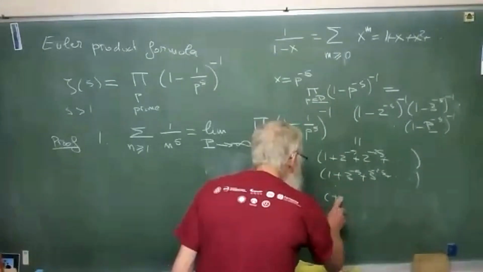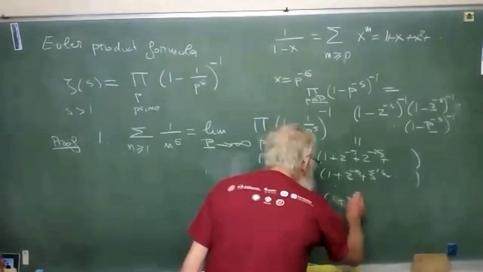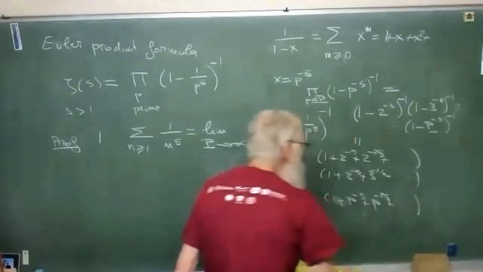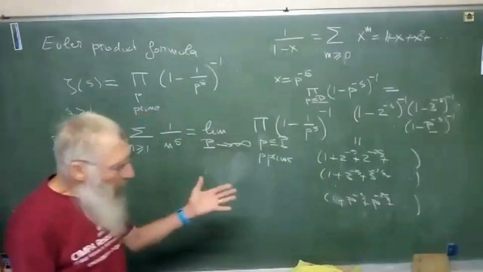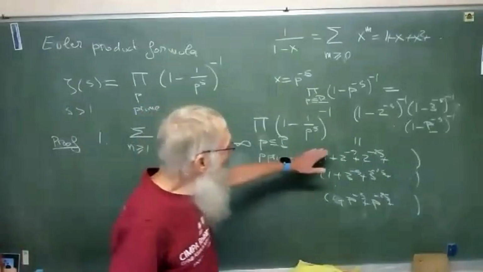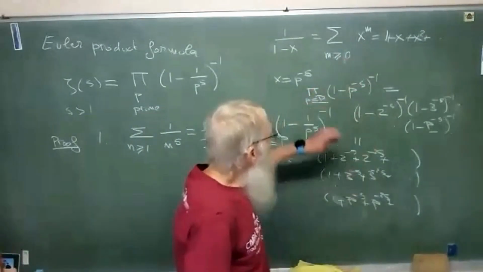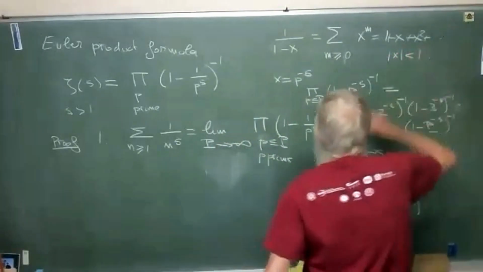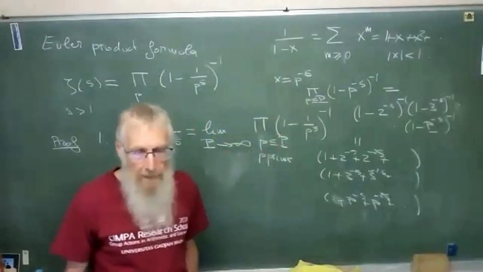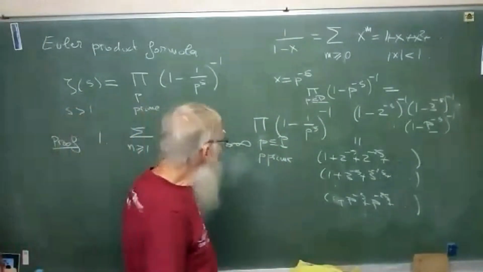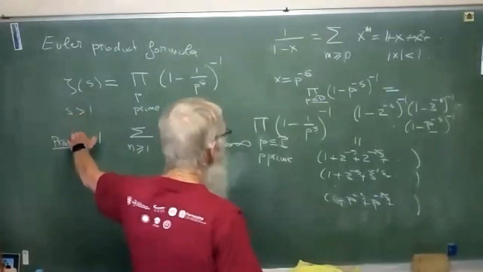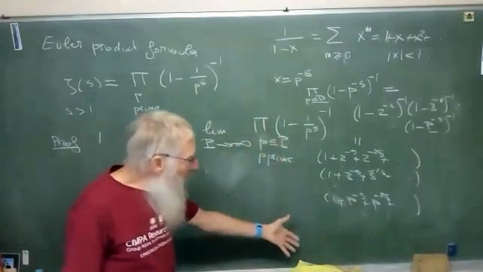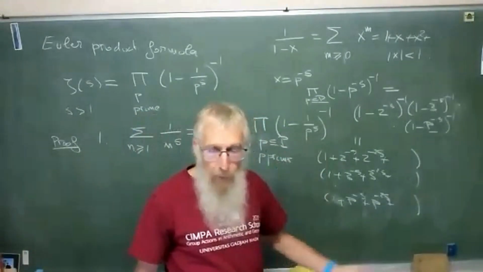And the last one is 1 plus p to the minus s plus p to the minus 2s, and so on. And we have an infinite series each time. But this formula is valid if x is less than 1. And here, x is p to the minus s. It is less than 1, since s is greater than 1 and p is at least 2. So we have a finite product of infinite series, but we expand it.